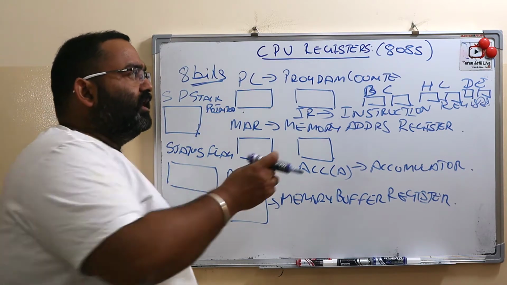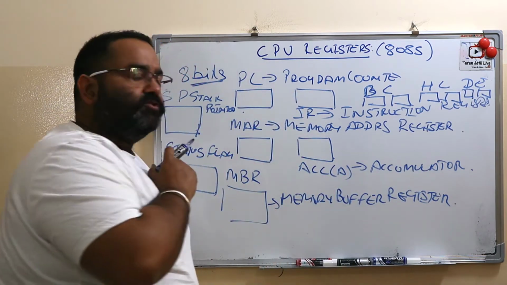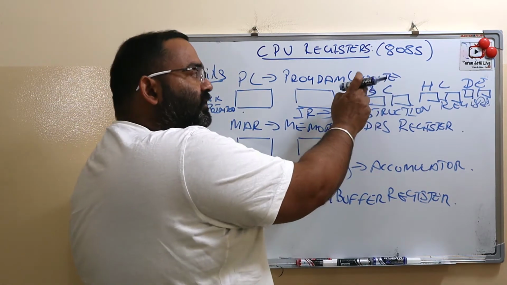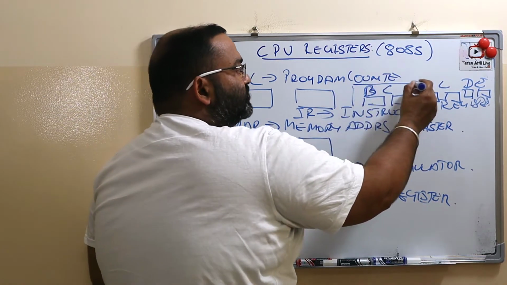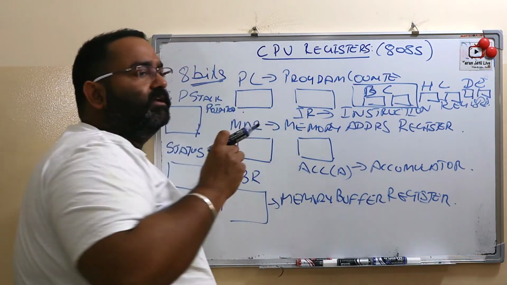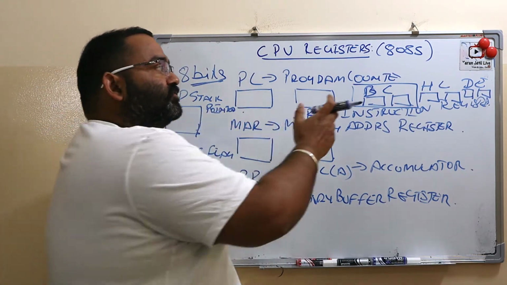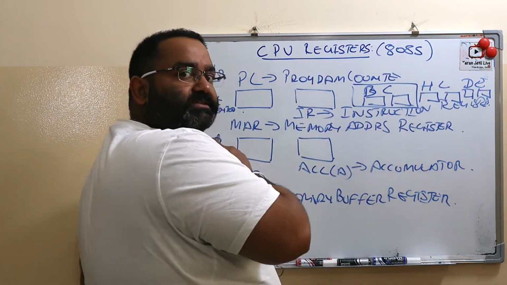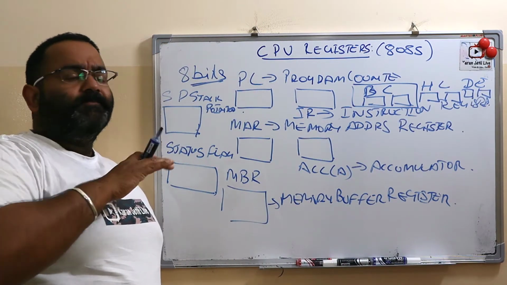Each of them is 8 bits. They can work as a single 8-bit register, like B, or they can work in a register pair, and then together they become 16-bit. The BC register pair is 16-bit, the HL register pair is 16-bit, and the DE register pair is also 16-bit.